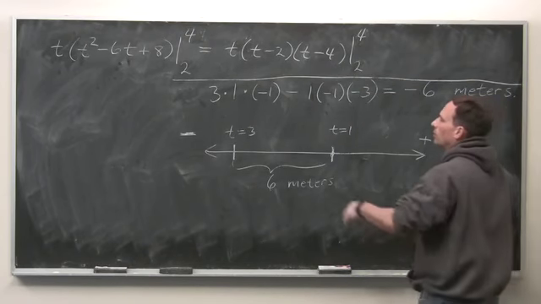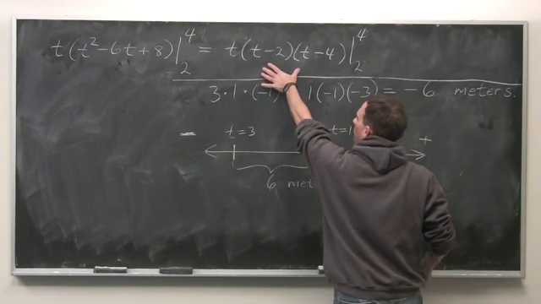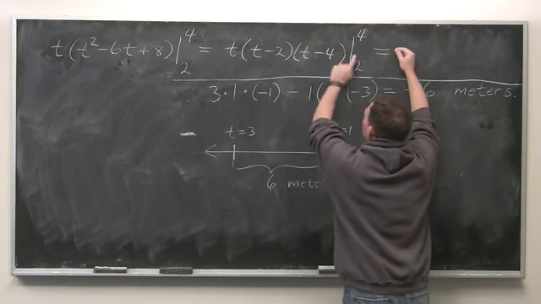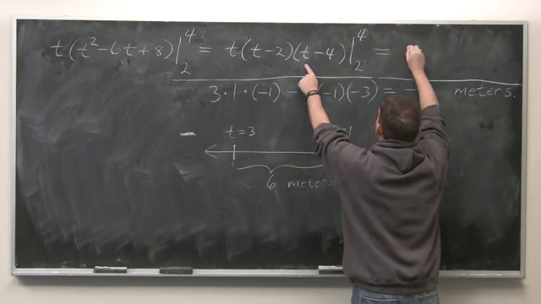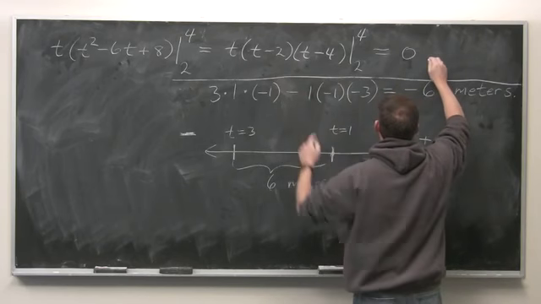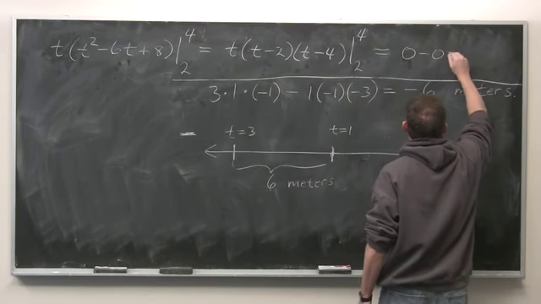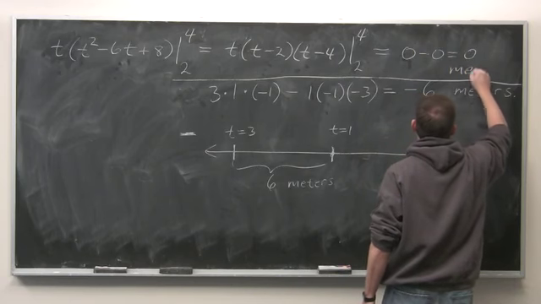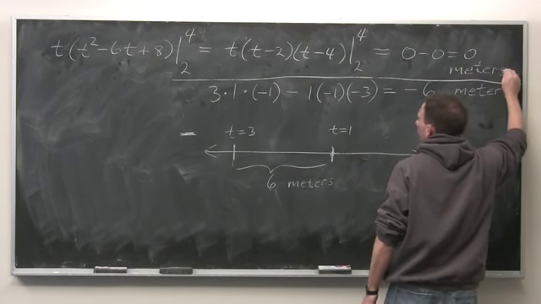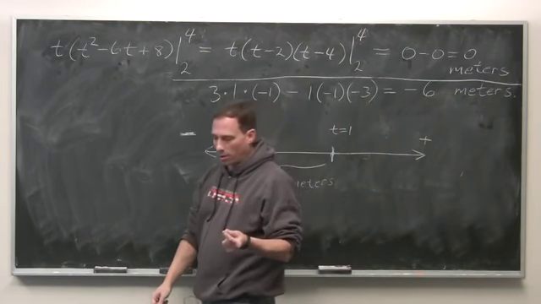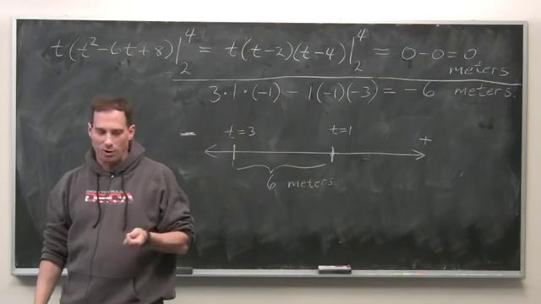and then what you get, as opposed to what we got between 1 and 3, between 2 and 4, well, it's one of the reasons I wanted to point out that this factor is like this. When t is 4, when you plug that in, you get 0. When t is 2, you plug that in, you get 0. You get 0 minus 0, you get 0 meters. So between times 2 and 4, the displacement is 0.